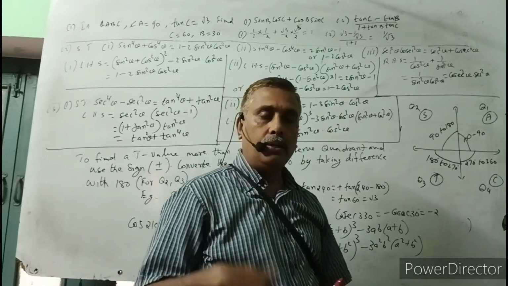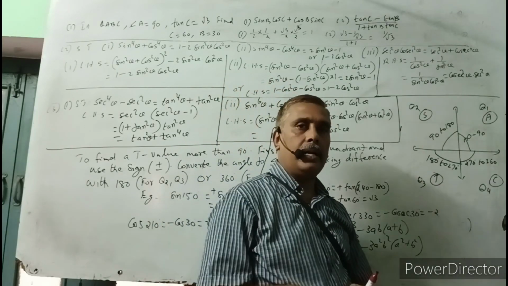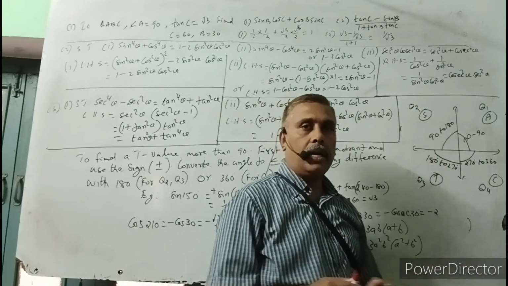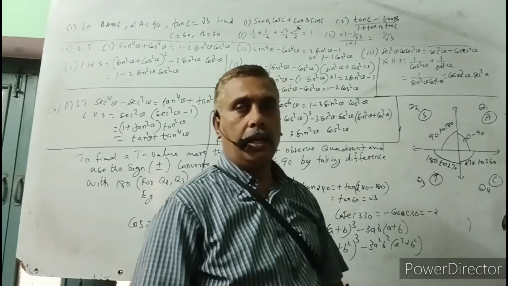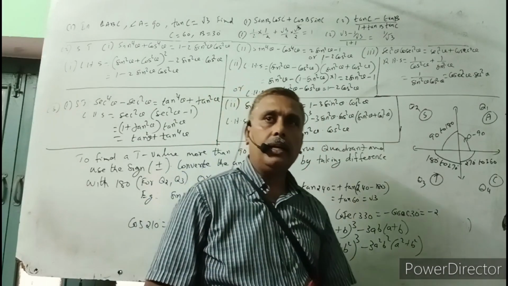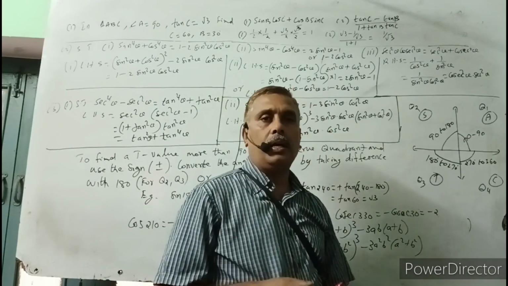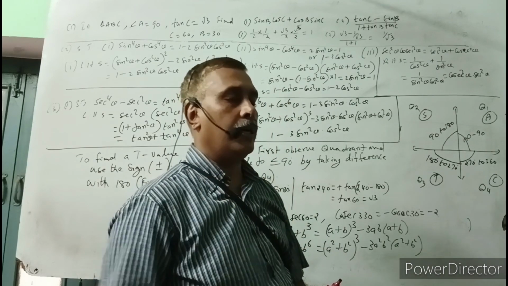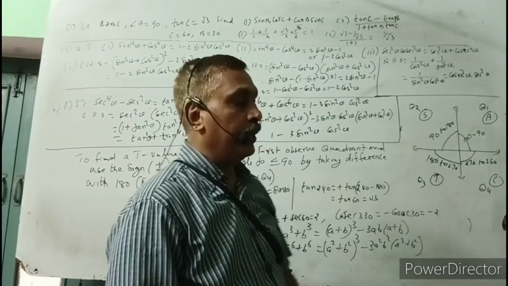The values of trigonometry can be more than 90 degrees also. So I will explain how to calculate the values of trigonometric ratios up to 360 degrees by using the same trigonometric values we used for 0, 60, 30 and so on. It is very simple and very useful.